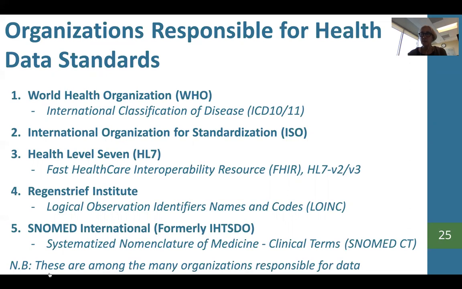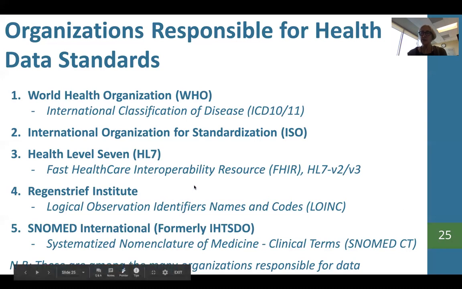Regenstrief Institute, where I'm an affiliate scientist, is responsible for LOINC. LOINC is an open source standard primarily for labs, so it also includes vital signs and questions. It also includes notes and the titles of notes. So when you're searching in an electronic medical record for whether someone had a preoperative evaluation, there would be a specific LOINC code for that, which would make it easier for you to find.